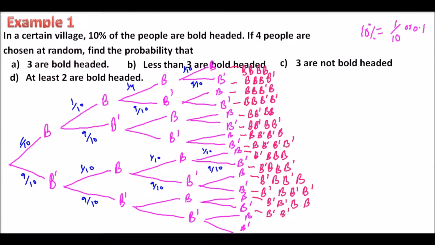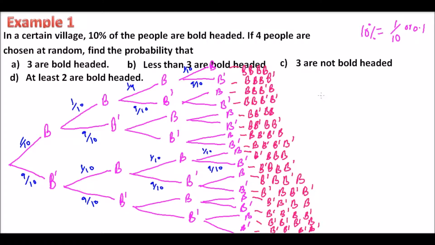Then we have bold-headed and not bold-headed. Then this other one is bold-headed, not bold-headed, and finally bold-headed. And we have the last one, which is not bold-headed for all four. So those are the outcomes that you get from our tree diagram.